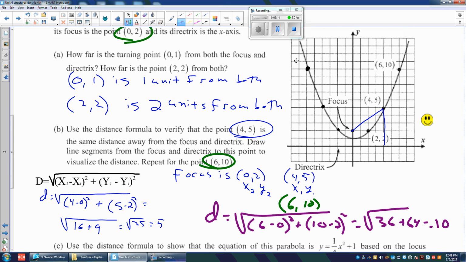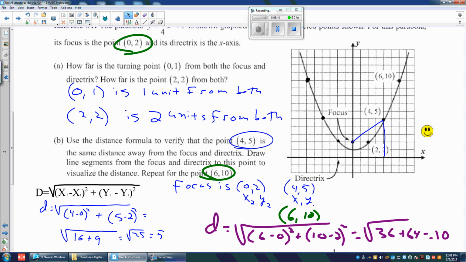And if we count, 1, 2, 3, 4, 5, 6, 7, 8, 9, 10. 10 equals 10. It matches.